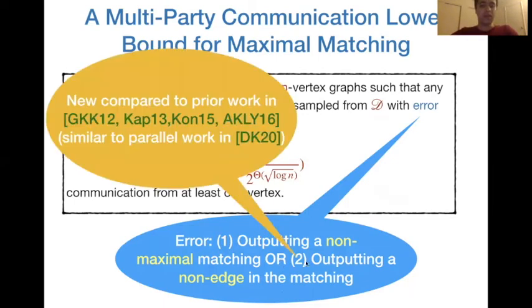Interestingly, not many of the previous lower bounds in the literature allow for such a type of error. They assume that the algorithm always outputs a matching, but it might not be maximal. And in fact, the only other work that I know on related problems such as maximal matching is this very nice result by Dark and Conrad from CCC 2020.